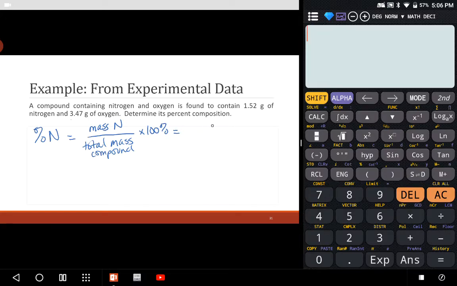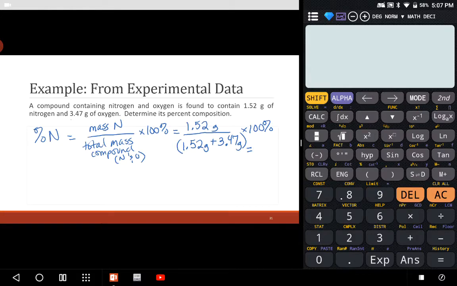The mass of nitrogen was 1.52 grams, and the total mass of the compound would be due to nitrogen and oxygen, so we're going to have to add those together, and then multiply by 100 in order to get the percentage.